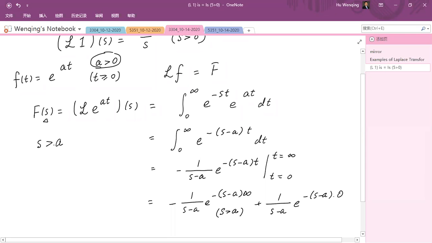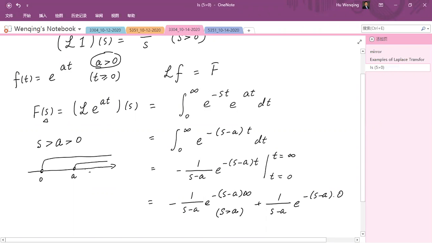Okay, and this is non-trivial because s greater than a is not just s positive. Suppose this is 0, this is a, then larger than 0 is not enough, but it is larger than a. So let me put a better picture here.